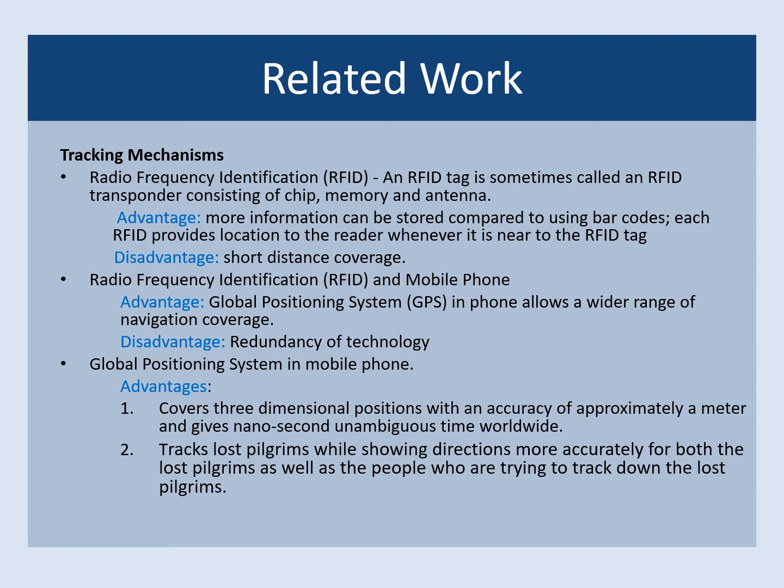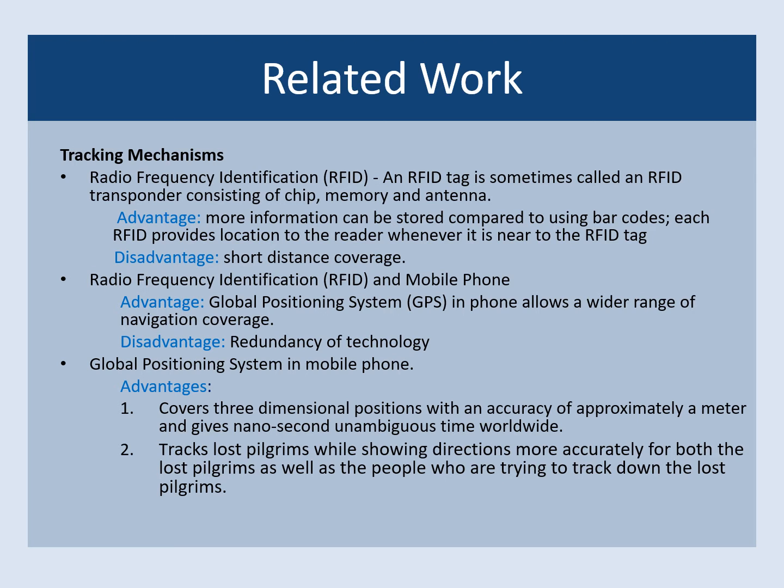The advantage of using this technology to monitor the crowd is that it gives more information to be stored as compared to using barcodes. Each RFID provides location to the reader whenever it is near to the RFID tag. However, the disadvantage of using this RFID is it is for short distance coverage.